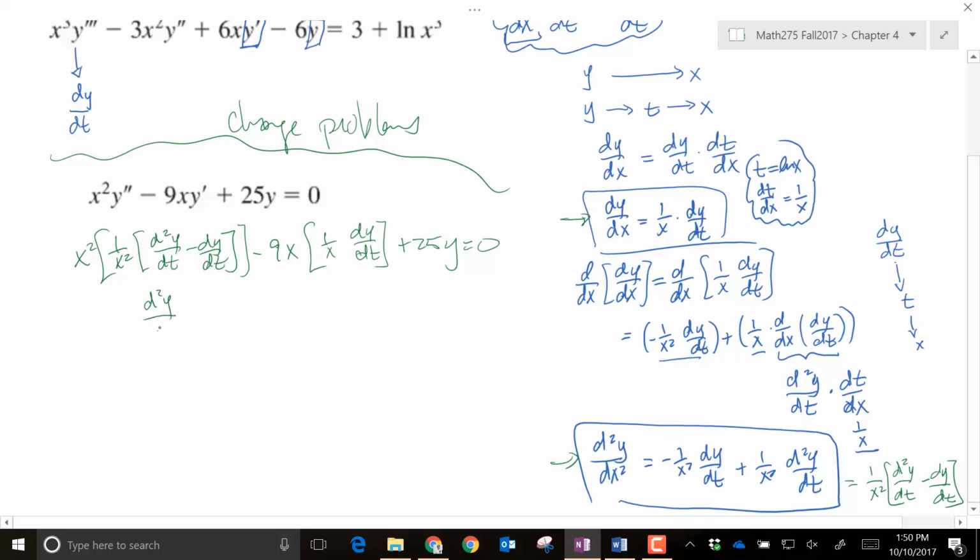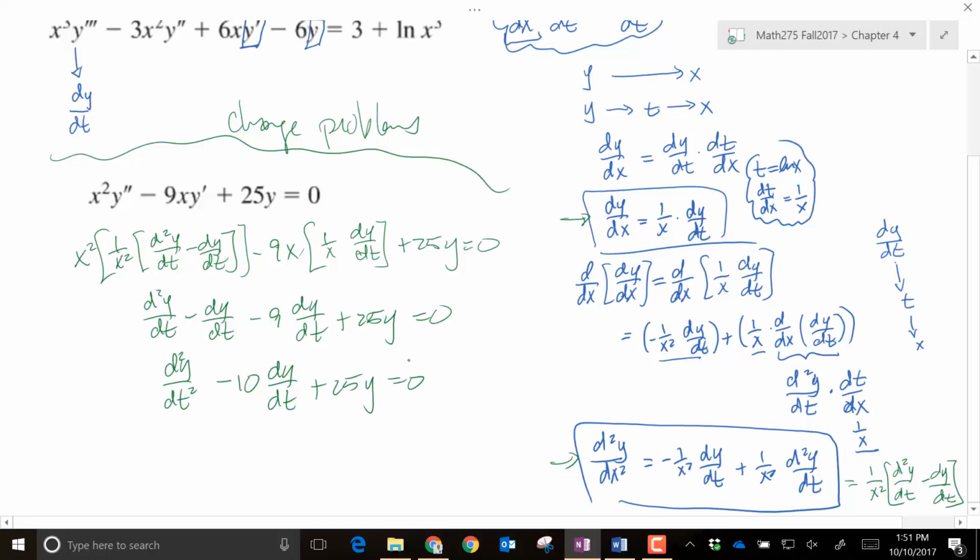d squared y dt squared minus dy dt minus 9, cancel out the x, dy dt plus 25y is equal to 0. So d squared y dt squared minus 10 dy dt plus 25y is equal to 0.